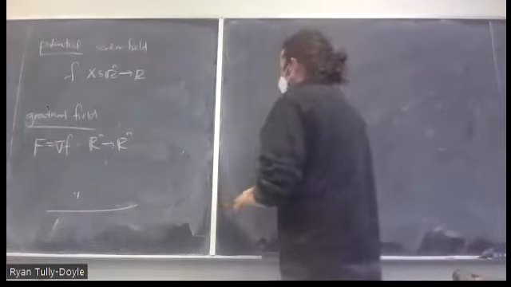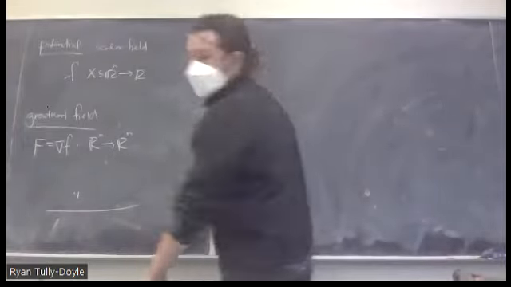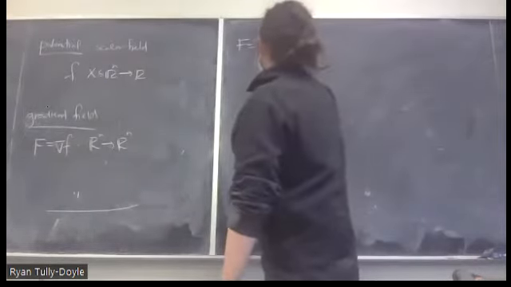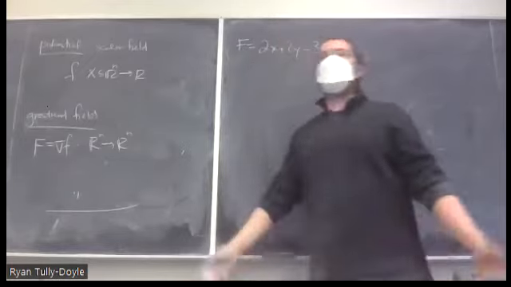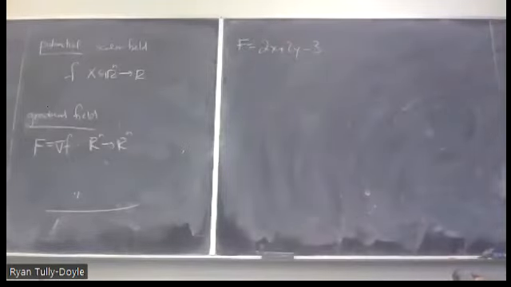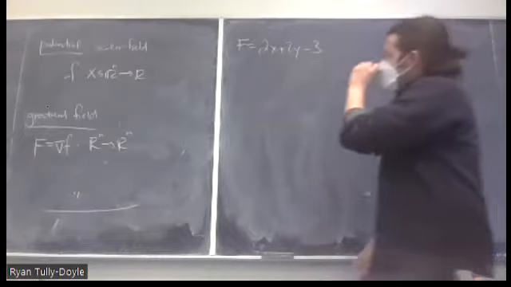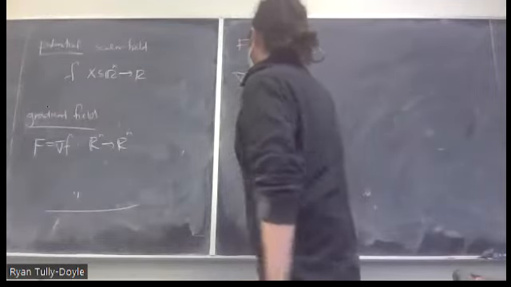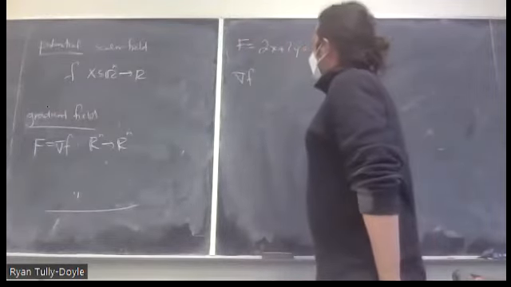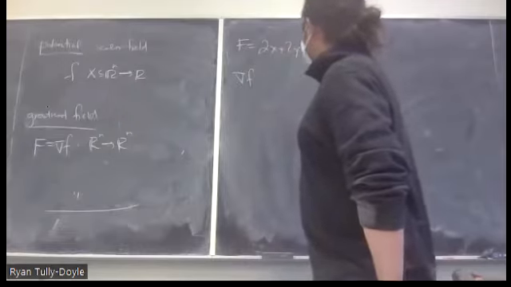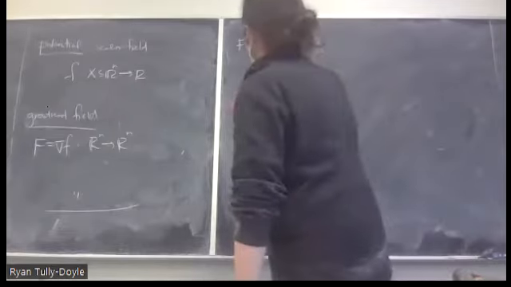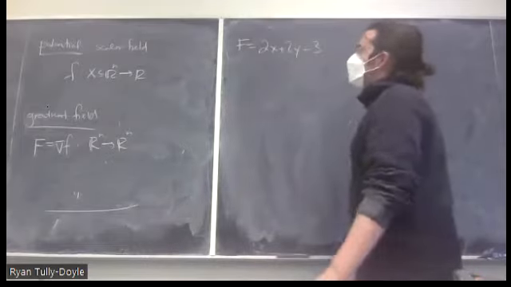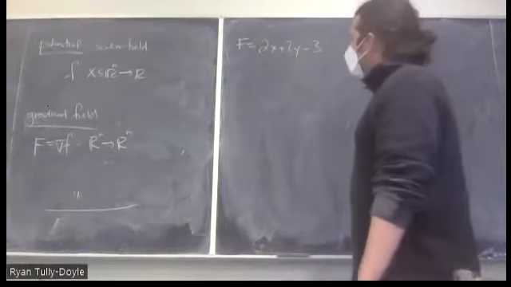So if I give you a vector field and I say f is equal to 2x plus 2y minus 3, and I say, boy, oh boy, it sure would be nice if you could tell me what potential function that came from, even if you don't know, in order to be true, it would need to be the case that the gradient of f... No, let's not even do it that way. Let's just eyeball this. What's the easiest function I can think of that if I took its derivative with respect to x, that 2x would fall out?